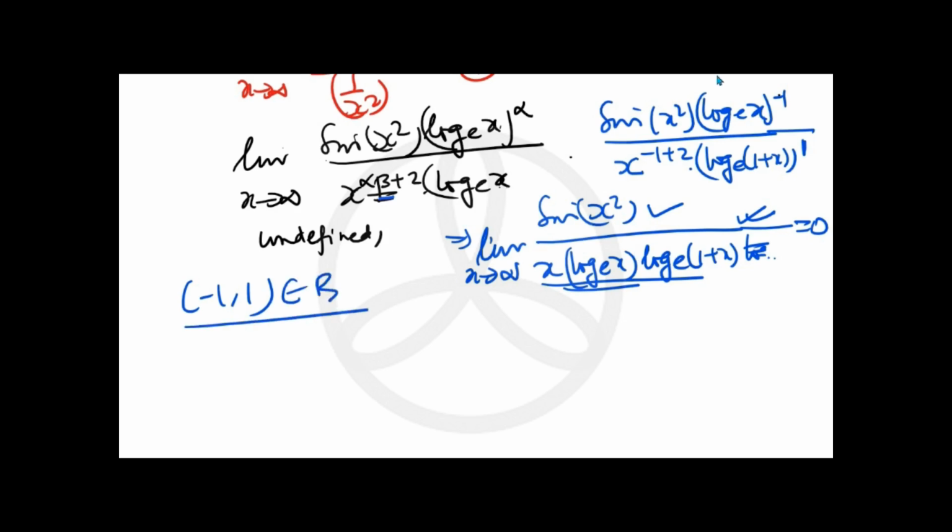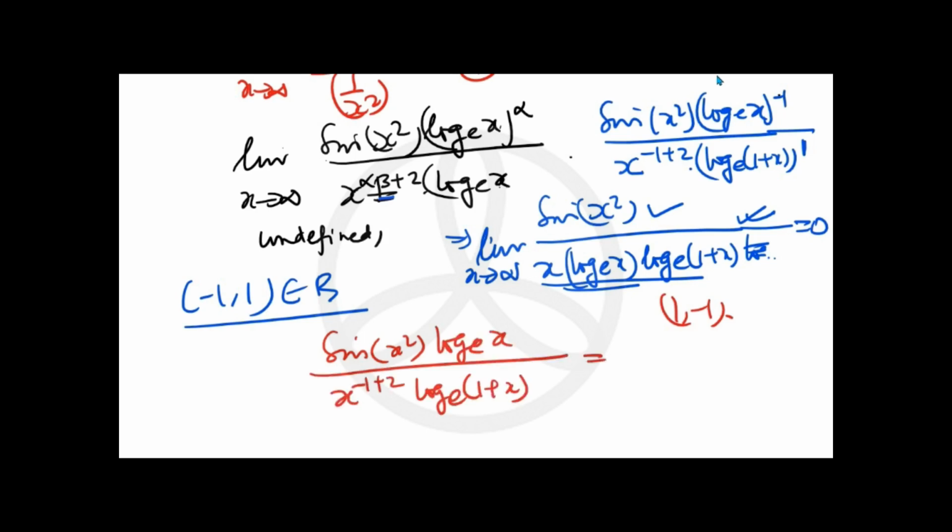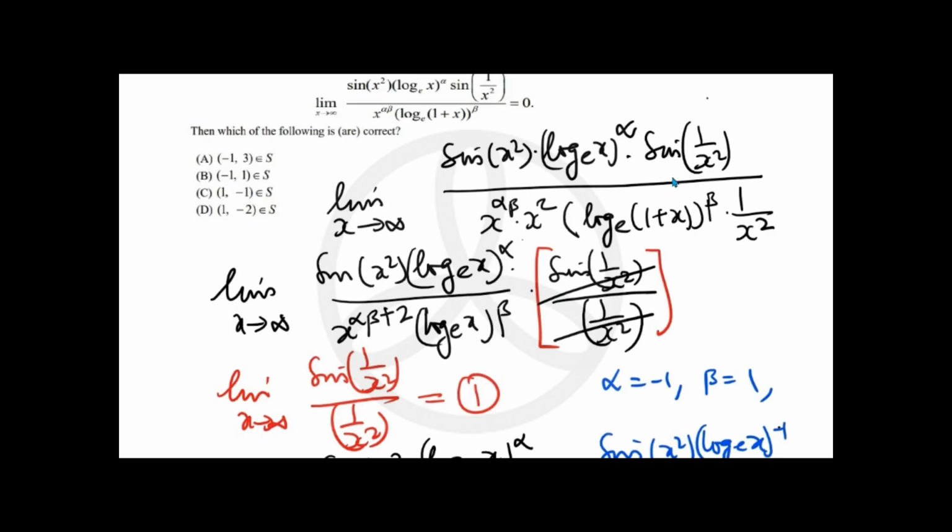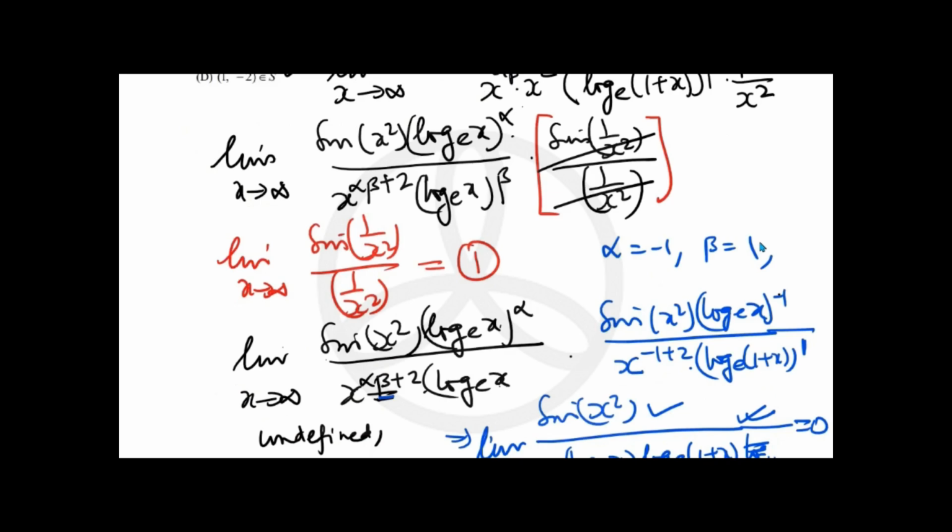Similarly, we can check with 1 and minus 1, and there will be one x in the denominator, which will make this equal to 0 when x goes to infinity. So our equation will get satisfied. And with 1 and minus 2, if we check this one, this will become minus 2 plus 2x is equal to 0, and therefore there will be nothing in the denominator.